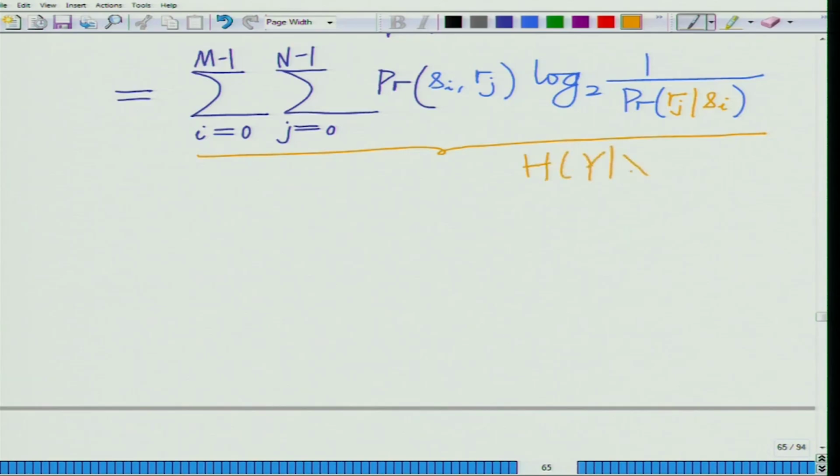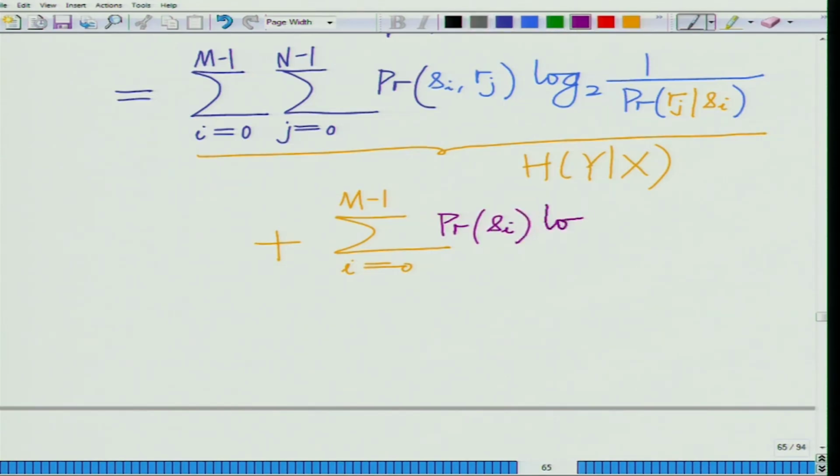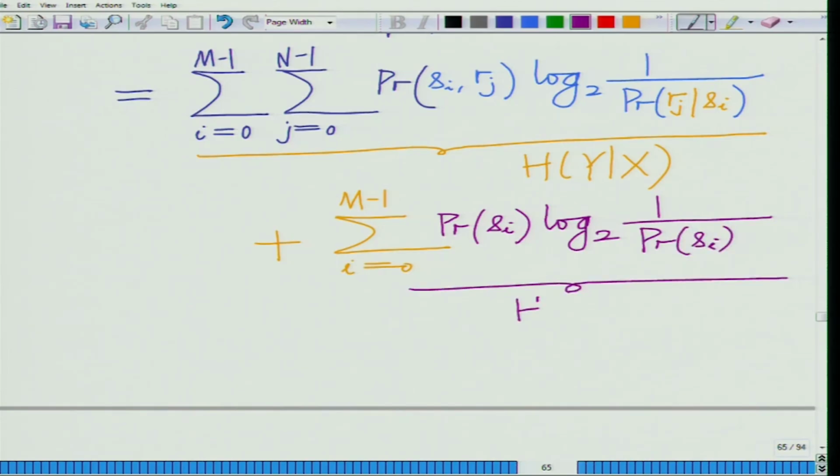This is basically your H of y given x plus summation i equal to 0 to m minus 1 probability of Si times log to the base 2 probability of Si, the entropy of x. This we have seen several times before. Summation over all i, okay.